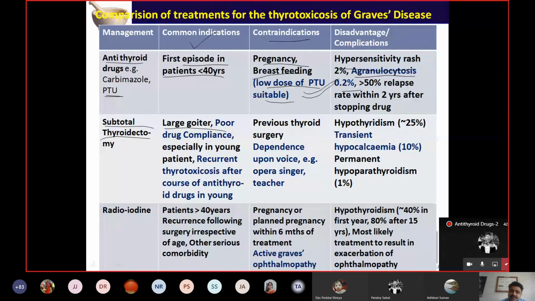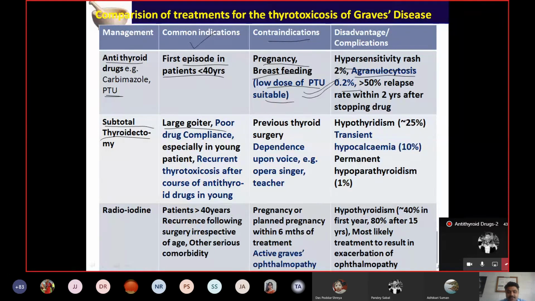The drawback is it may cause hypothyroidism, which is generally irreversible. Transient hypocalcemia, because the parathyroid hormones are also secreted, so that may lead to it. Permanent hypoparathyroidism may occur in 1% of cases.